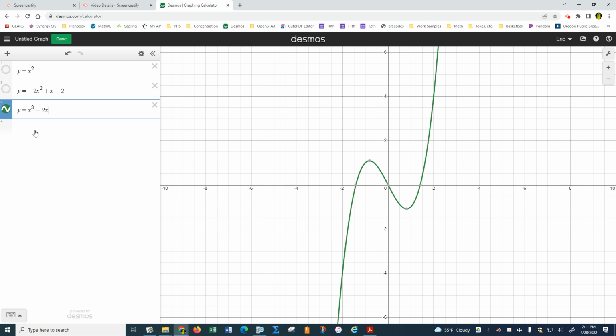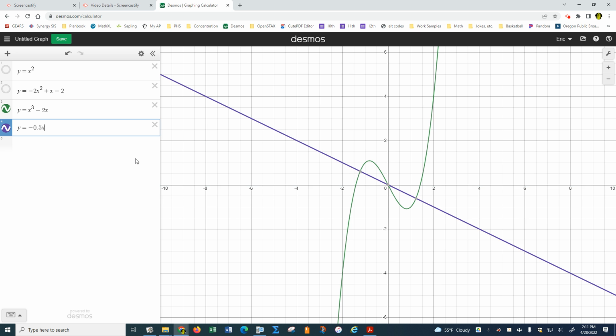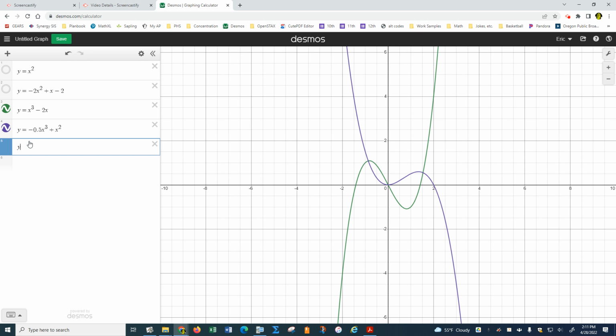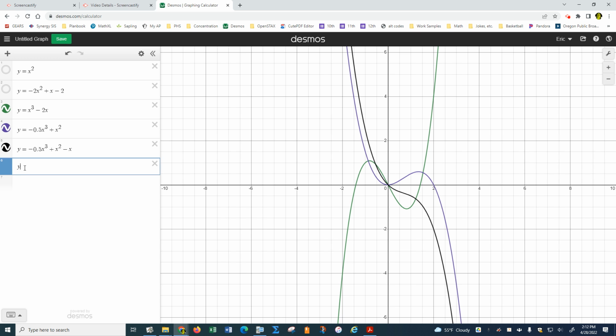There's one. Okay, there's a cubic function. Okay, there's another one. There's another one. And here's one more.